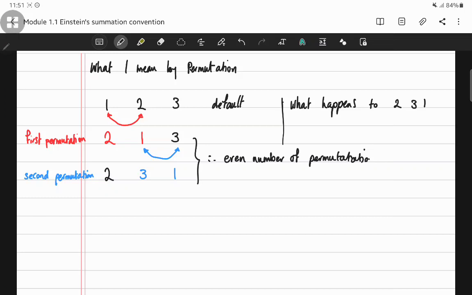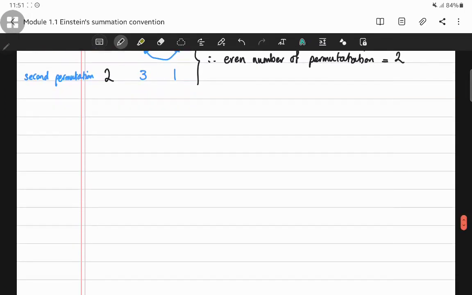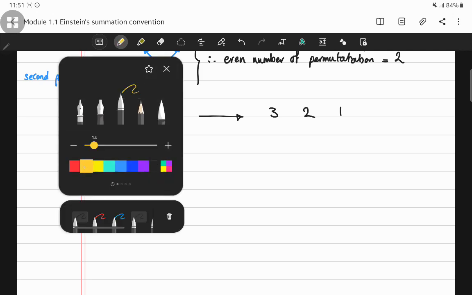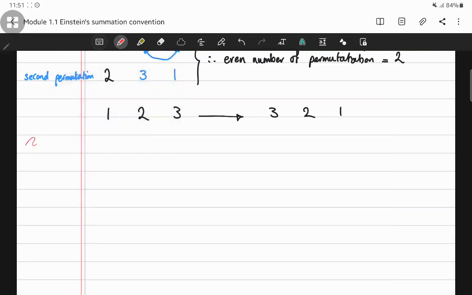But let's say, for example, this is the default value 1, 2, 3, and you want to convert it to 3, 2, 1. You only need to swap once. So the first permutation: you swap this with this.